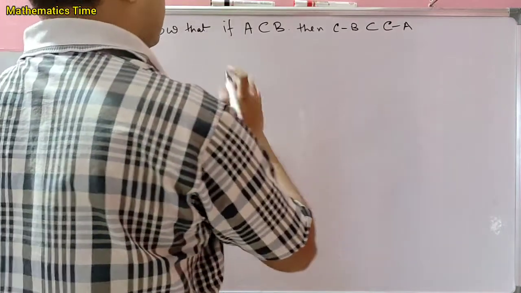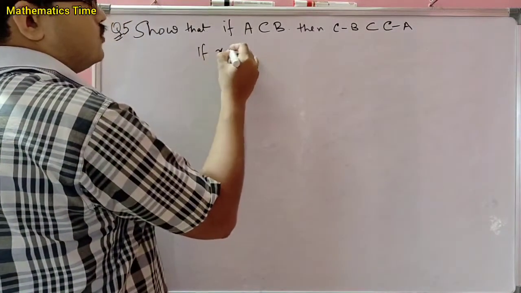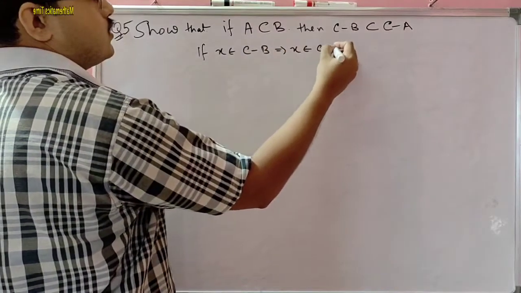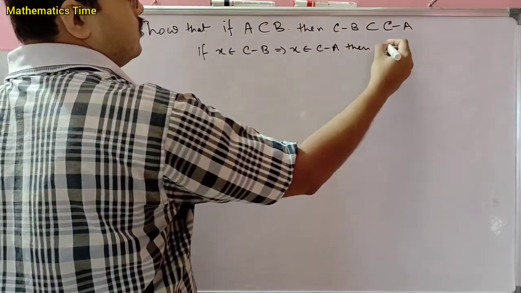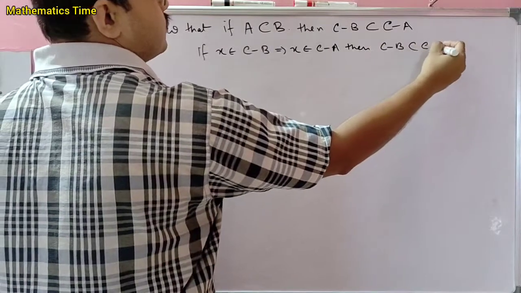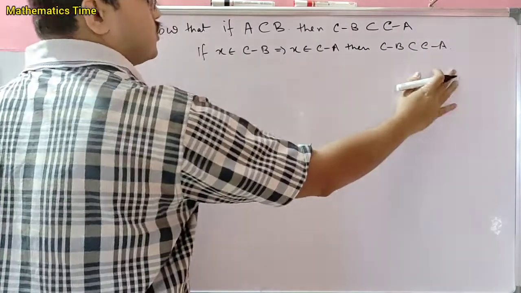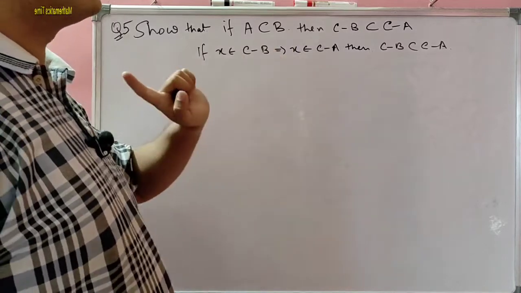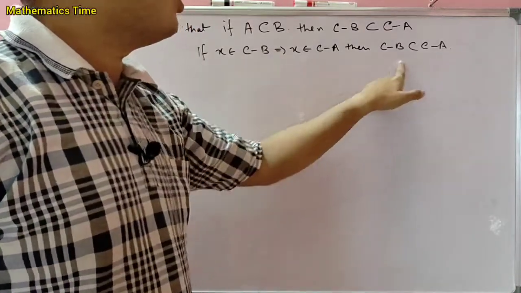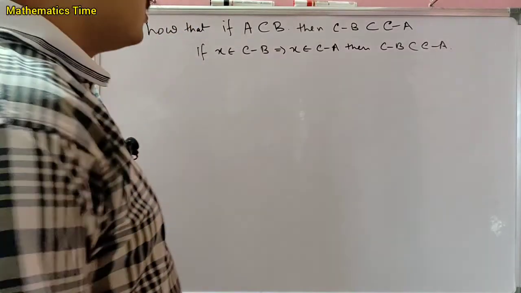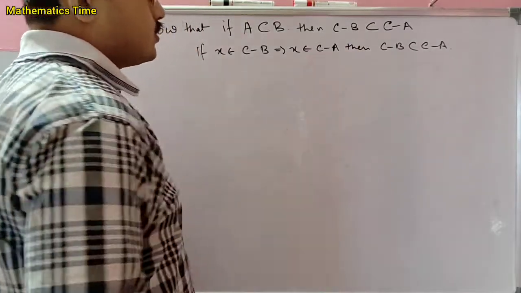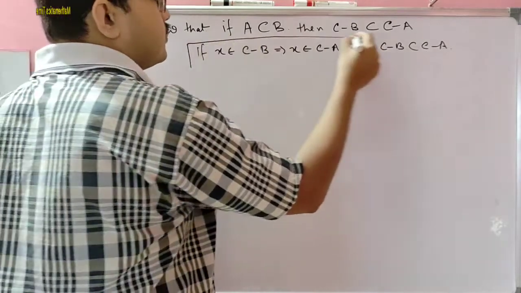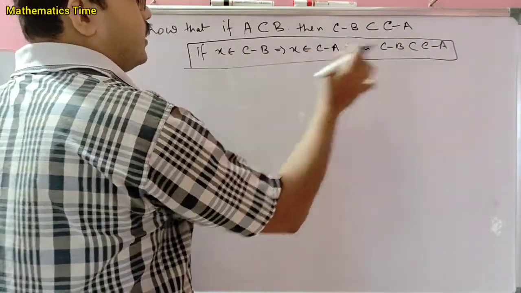If x belongs to C minus B implies x belongs to C minus A, then C minus B is a subset of C minus A. We have to show this, and then the result will be automatically established. Why? This is the definition of subset, just like the previous problem. So this is our plan and this is our goal.